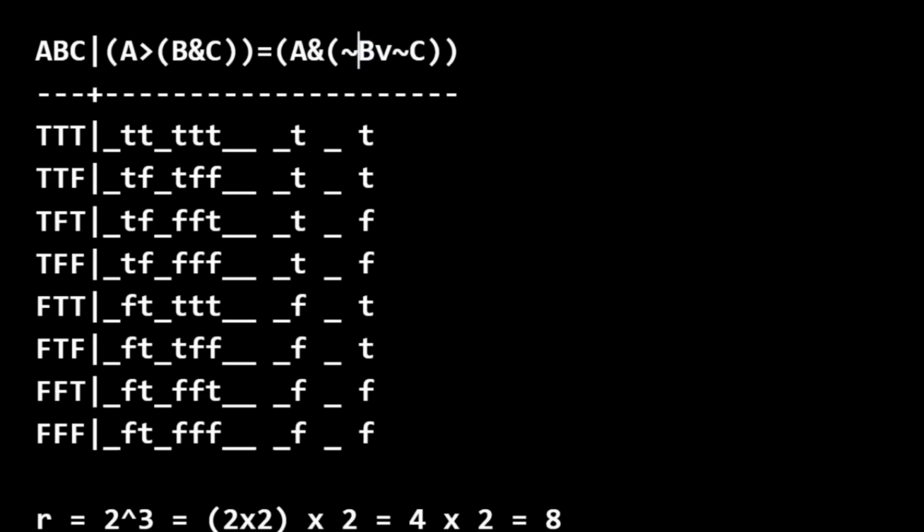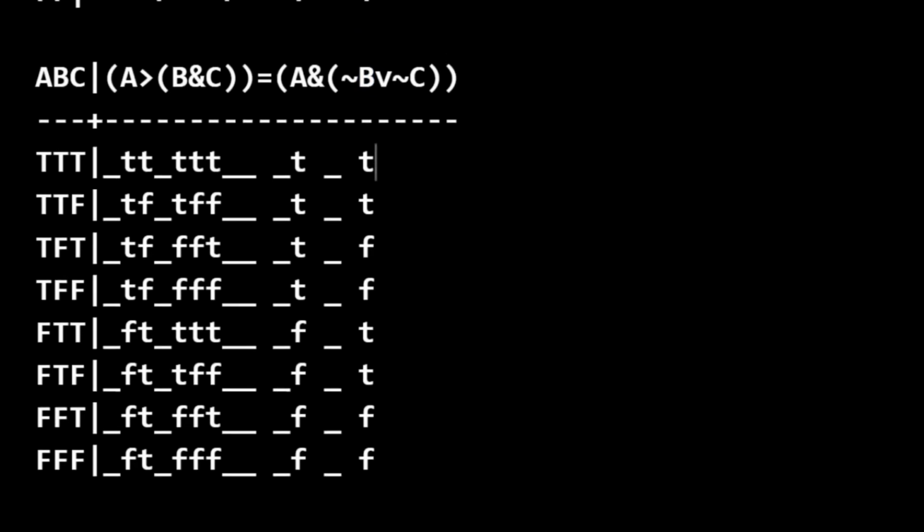Okay, and now we can do the negation. So we're going to do the negation right here. We know that the negation is acting on the B. I've talked about the convention of dropping parentheses here in an earlier demonstration. And so whatever B is, the negation is going to flip it to the opposite value.